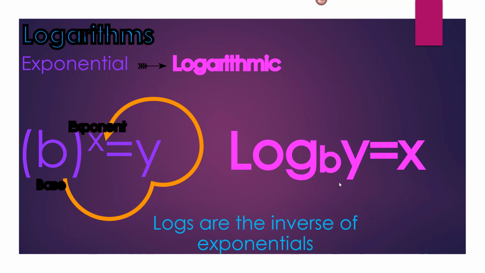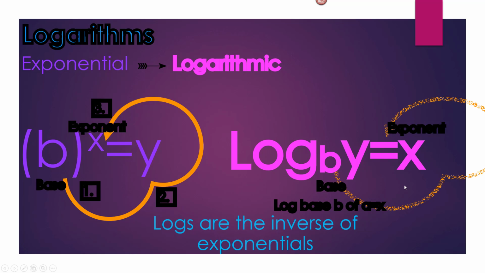Remember that the output of a logarithm represents an exponent for something, right? Here's that x, and we can see it as an exponent over here. So I can do that same kind of loop, starting here with my base b and my exponent x. And so we'll say base b raised to power x gives us y, which is exactly what we have over here.